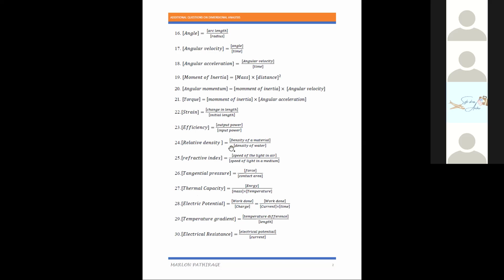Shall we do question number 16 first? Then we can go up to 21. First, we will do question number 16 and discuss that one. Then 17 to 21, you should do on your own.